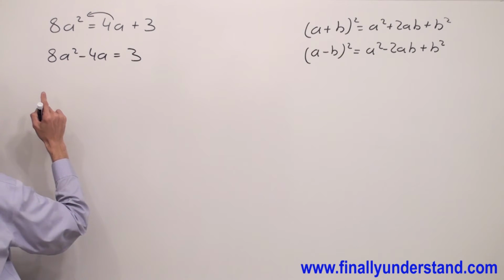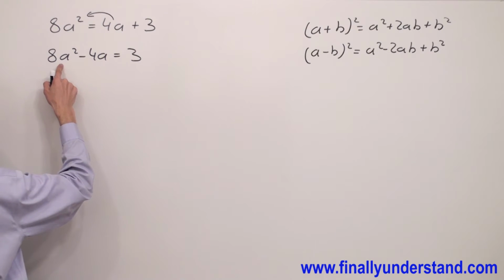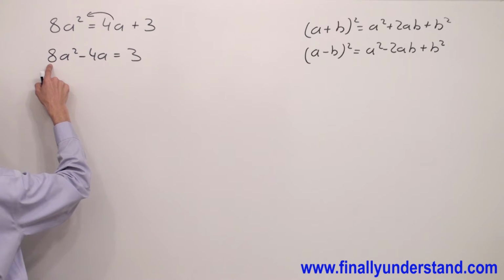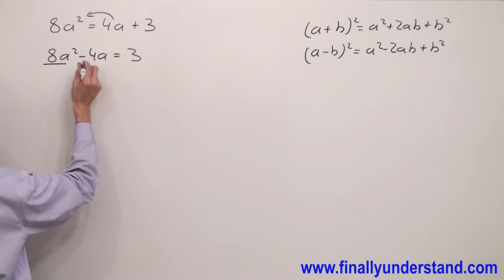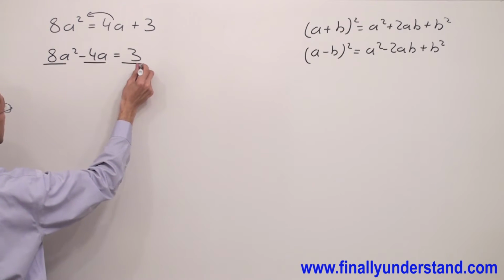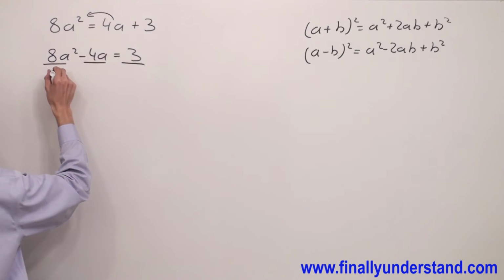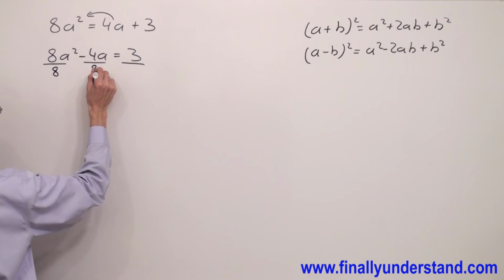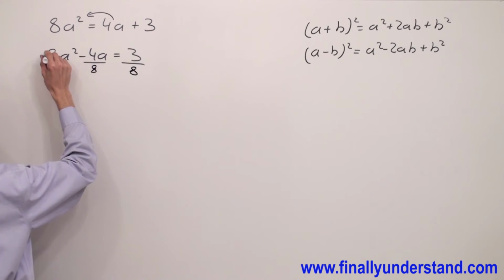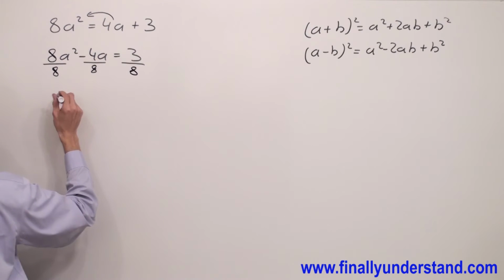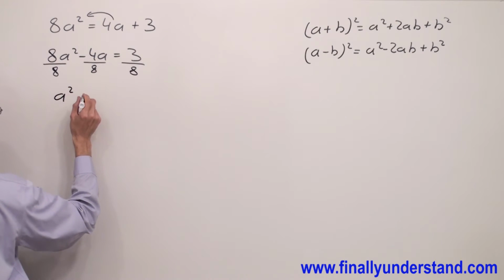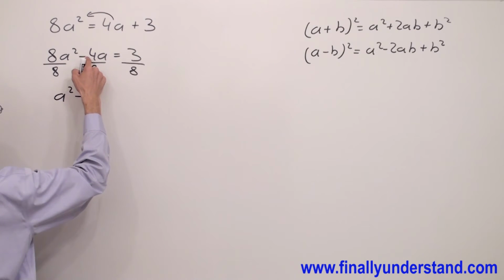Next, you're supposed to keep in mind that the coefficient of your second degree term has to always be positive 1. This time we have 8. In order to get positive 1, I have to divide every single term by 8 in this case. 8 and 8 will cancel out, and we are going to have a squared minus 4 over 8.